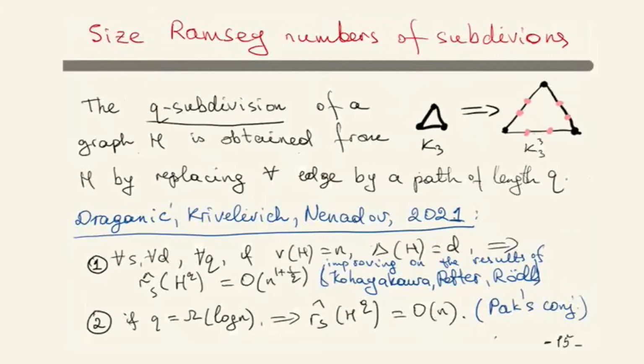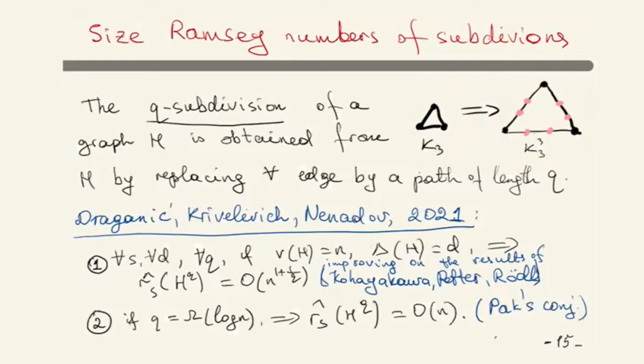The Q subdivision of a graph H is obtained from H by replacing every edge by a path of length Q. Here I have the triangle, and I obtain the third subdivision of the triangle by adding Q minus one new vertices, and you get a path of length Q that goes in between the endpoints.